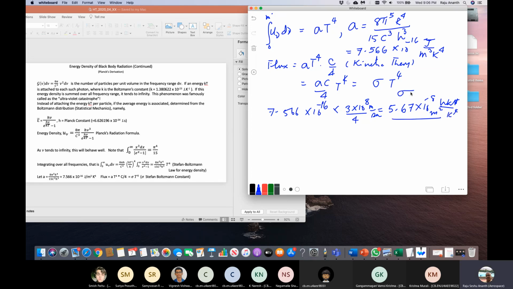So basically, by assuming that black body radiation is like a trapped wave coming in, then you count the number of particles, attach an energy to each particle. If I had assumed simple energy per particle as h nu, it would have blown up.